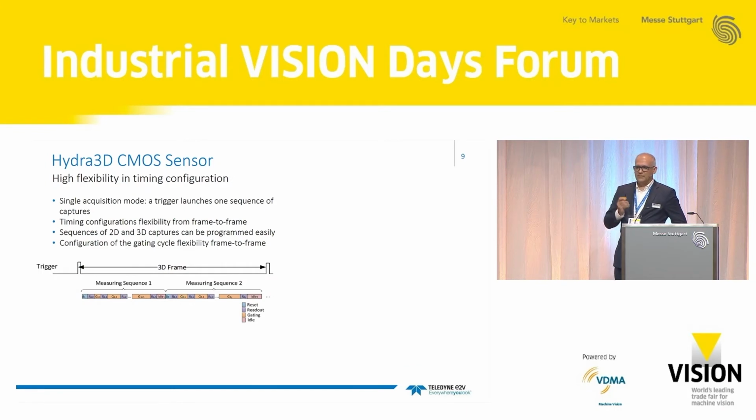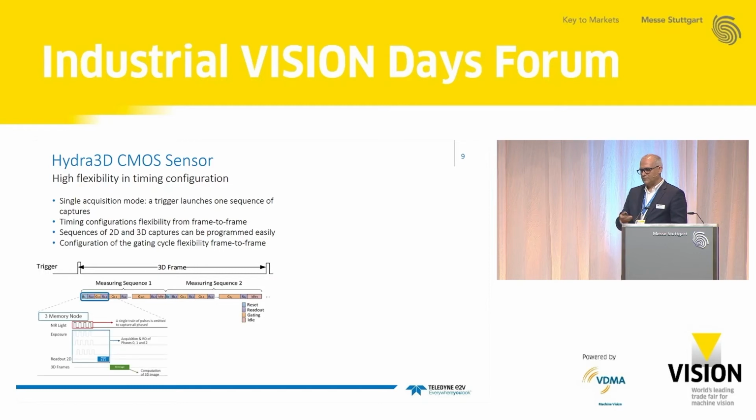We have said at the beginning that flexibility is also super important. So in Hydra, one single trigger launches what we call multiple measuring sequences. This picture is actually quite simple. The first section, which is the one rounded with the blue square, is a single 3D acquisition.